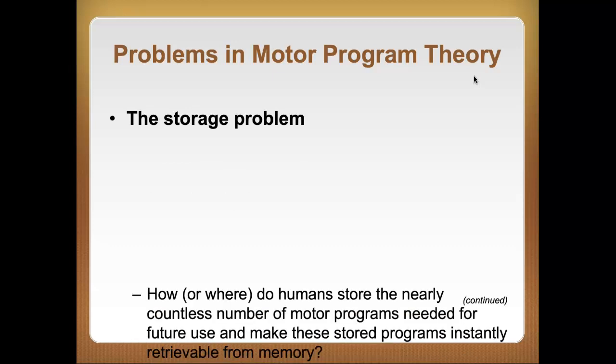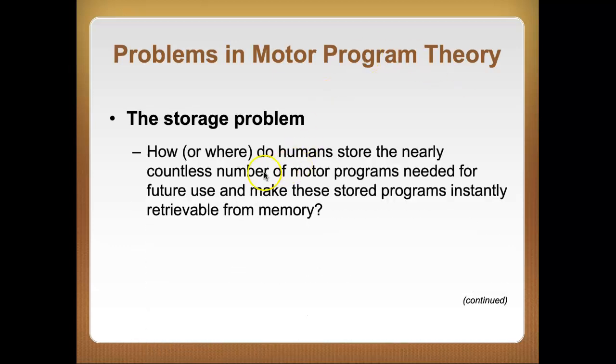So there are some problems with motor program theory. One, there's a storage problem. I know our brains can hold a lot of things, but we would have stored countless motor programs for future use, and these stored programs would be instantly retrievable by memory.